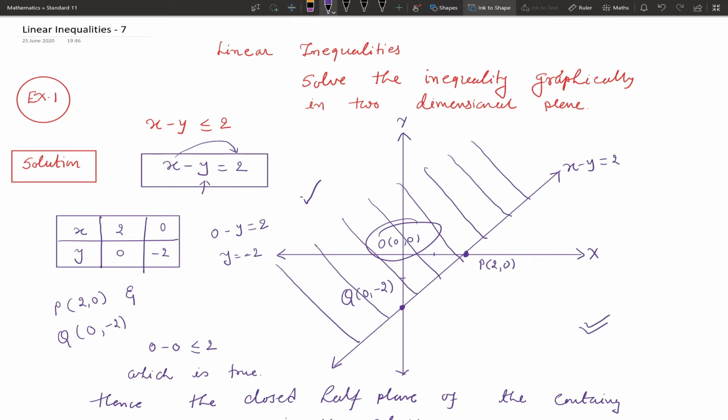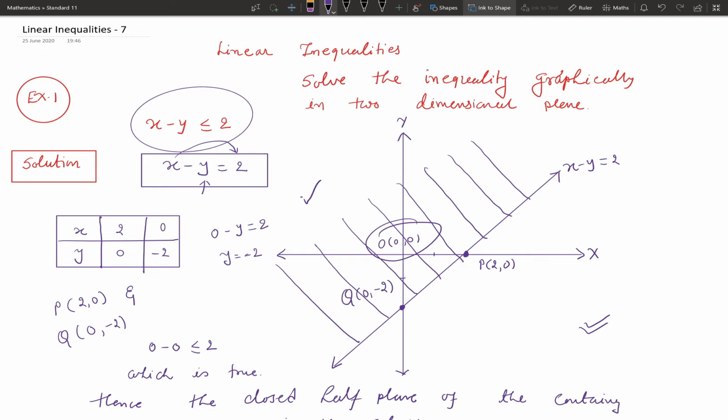Next example. So as usual, inequality will be given. You form the equality. Equality is nothing but a linear equation in two variables. So it will represent a straight line.